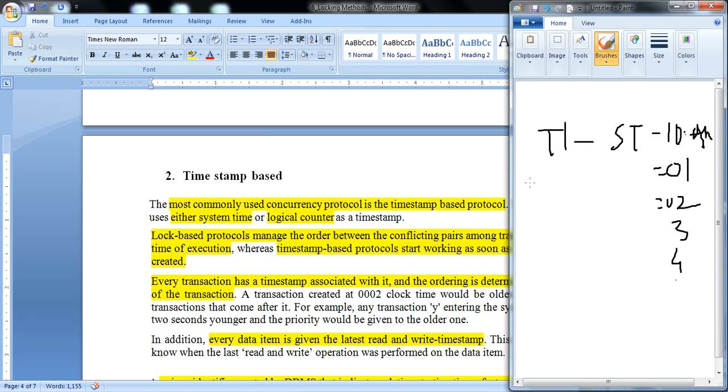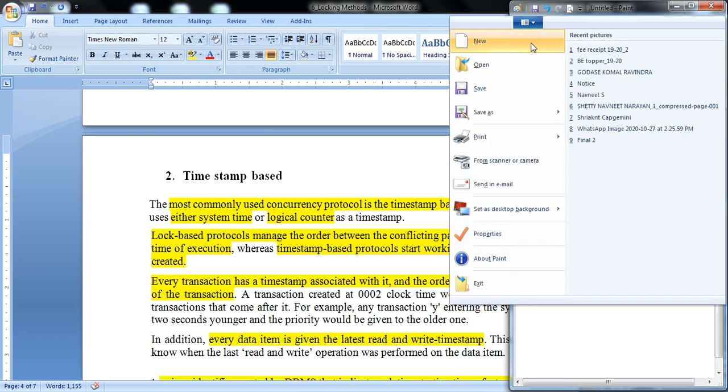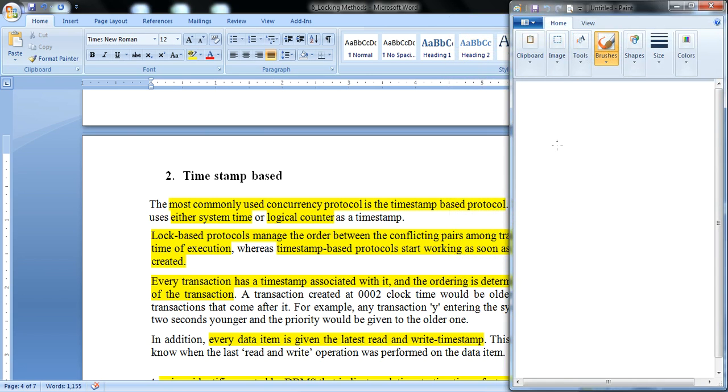In a lock based protocol, it works when transaction T1 executes, then it verifies under the lock based protocol.